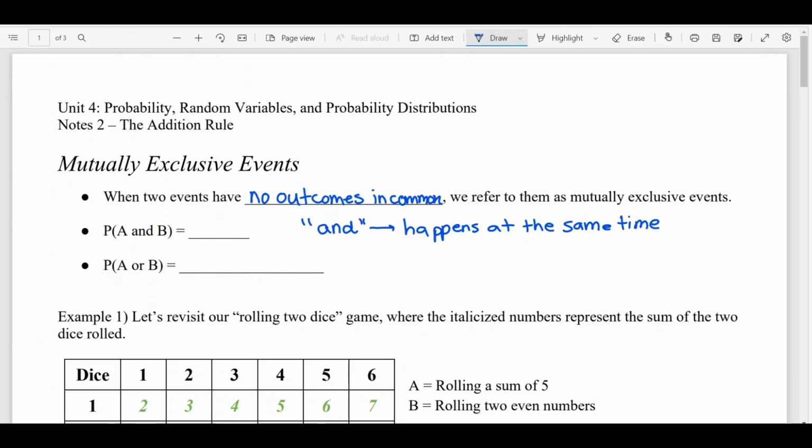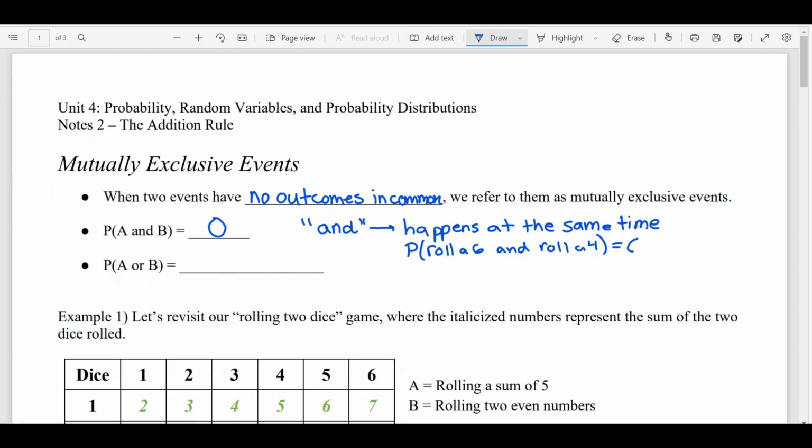Now, with mutually exclusive events, the probability of two events happening at the same time is going to be 0, meaning they cannot occur at the same time. An example of this would be if I rolled a dice. What's the probability that I roll a dice and I get a 6 and a 4?